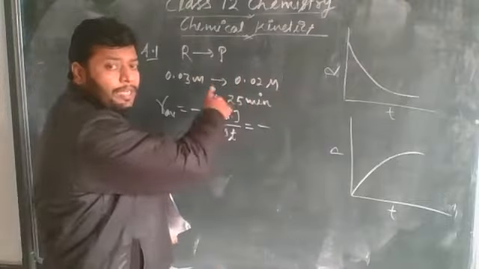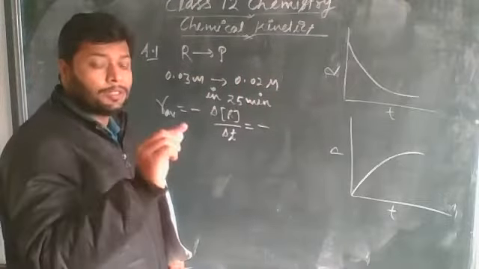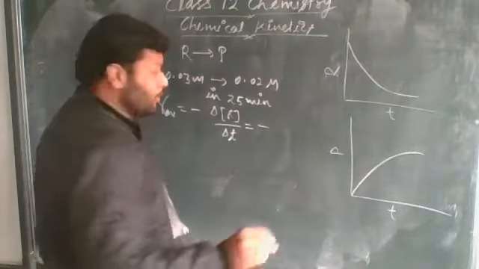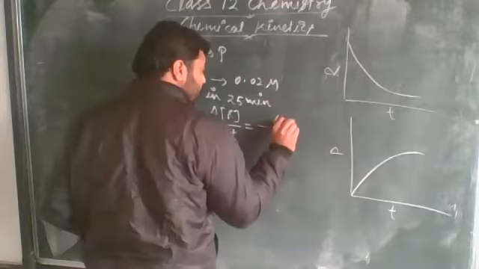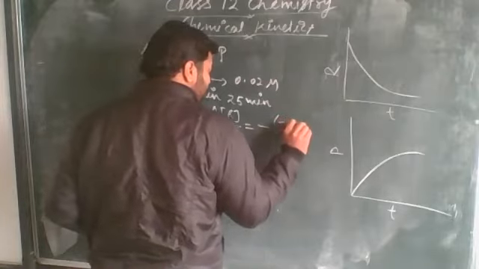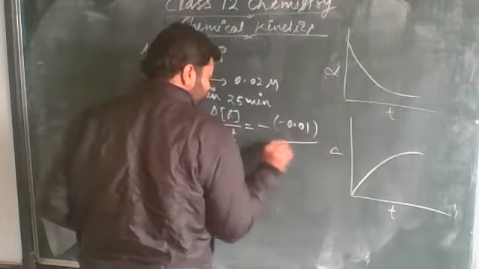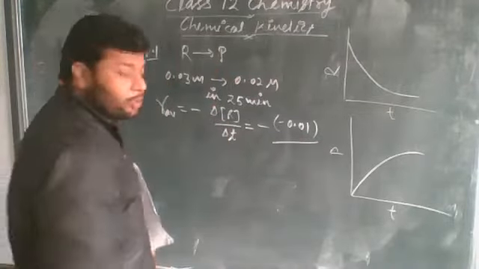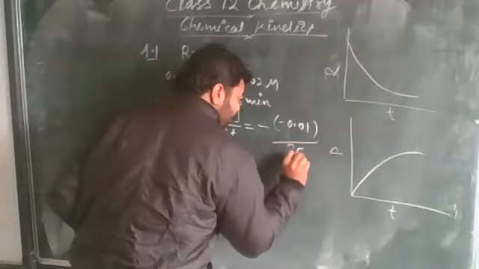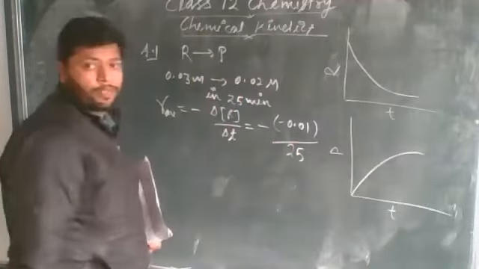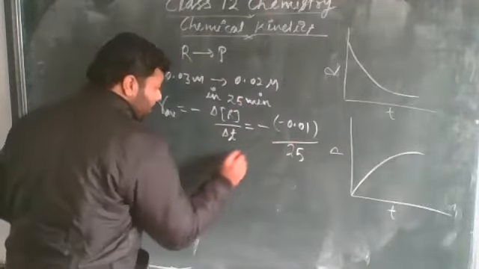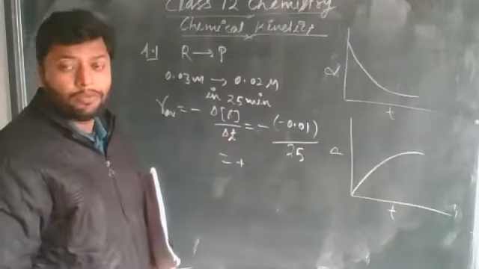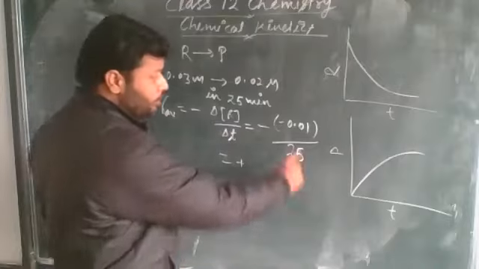The difference of final and initial will give you minus 0.01, that is 0.02 minus 0.03. And the time duration during which this value changes is 25 minutes. So you will get a positive value.